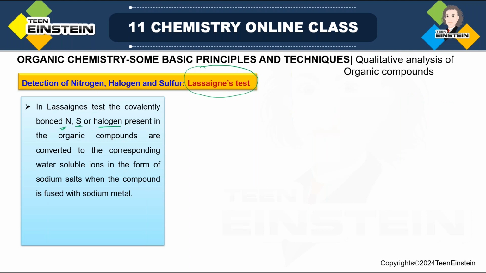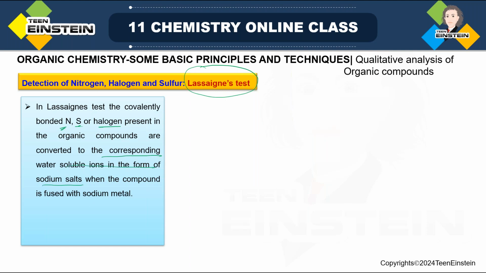So what do we have to do in this test? What we do actually, we convert all these elements, nitrogen, sulfur, halogen, to the corresponding water soluble ions in the form of sodium salt.